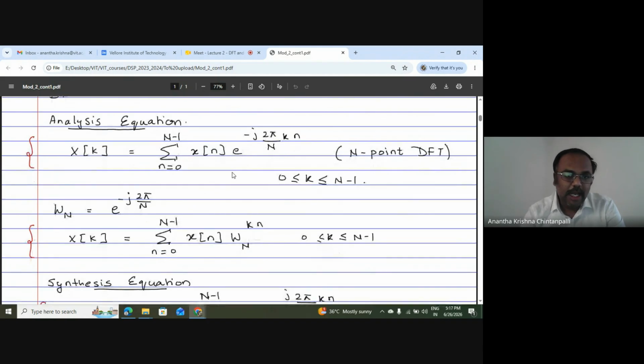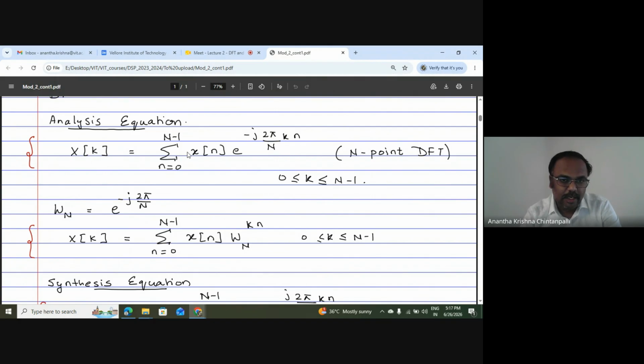Now, writing e to the power of minus j 2 pi k by N times little n all the time might be a little tedious. That's why there is a twiddle factor, called W of N, whose properties we will explain later, given by e to the power of minus j 2 pi by capital N. The entire expression can be simplified by this.